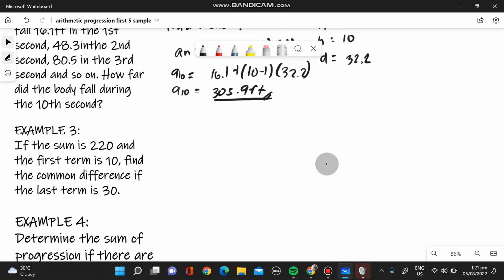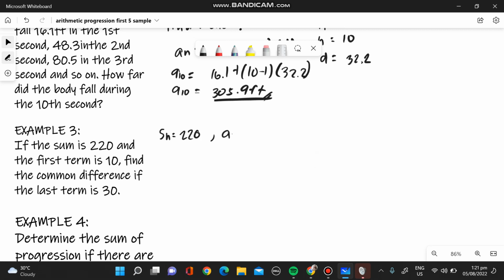So we have example number 3. In our example number 3, it suggests that we need another formula because the sum is given. The sum is denoted by Sn, which is equivalent to 220, as said in the problem.